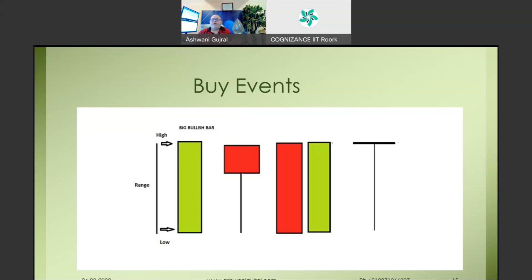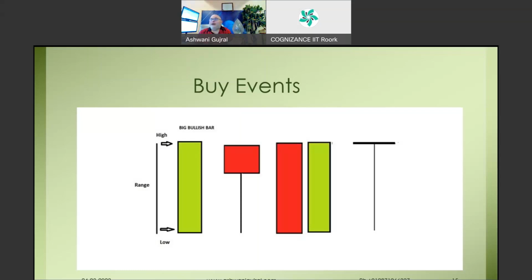So again, beyond the highest point, you would look to buy. And if you add this third, twin bar, you get the fourth bar, which is a completely bullish bar. If you see this bar, you have to go in terms of buying because this is as bullish as it gets. So these are buy events.